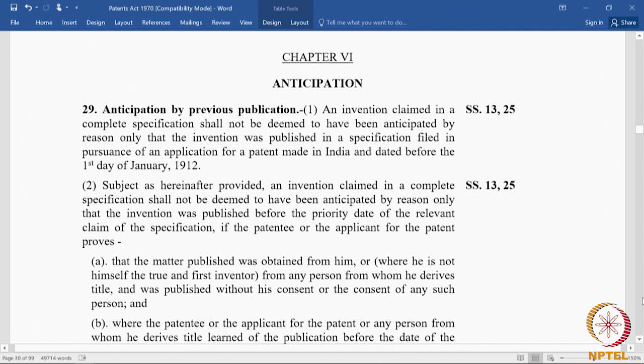So, we had already mentioned the date 1st January 1912 is significant because that is the day the 1911 Act came into being.